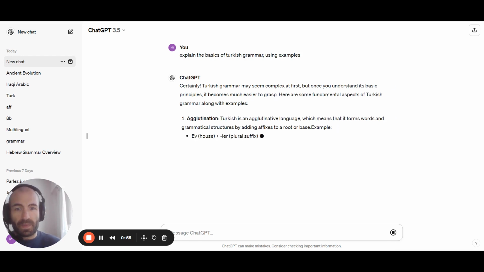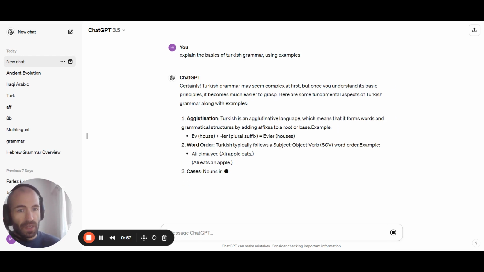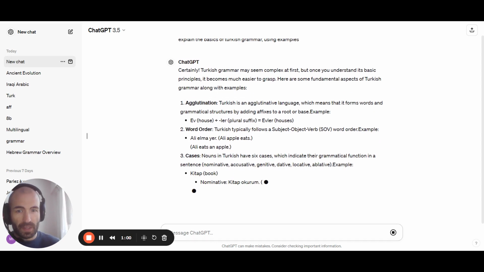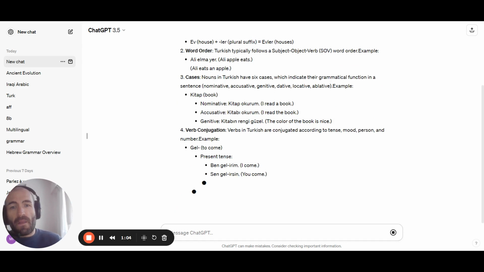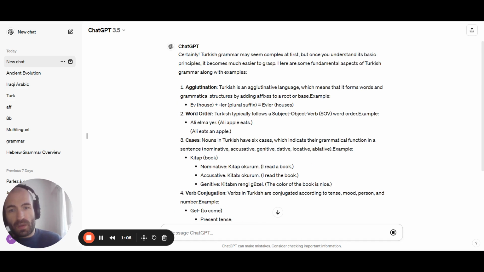and you get agglutination. Turkish is an agglutinative language, which means that it forms words and grammatical structures by adding affixes. Some of you might not be familiar with all these terms because you haven't studied linguistics. Yeah, I haven't studied linguistics either. Honestly, I studied translation, which is turning text into text in another language.